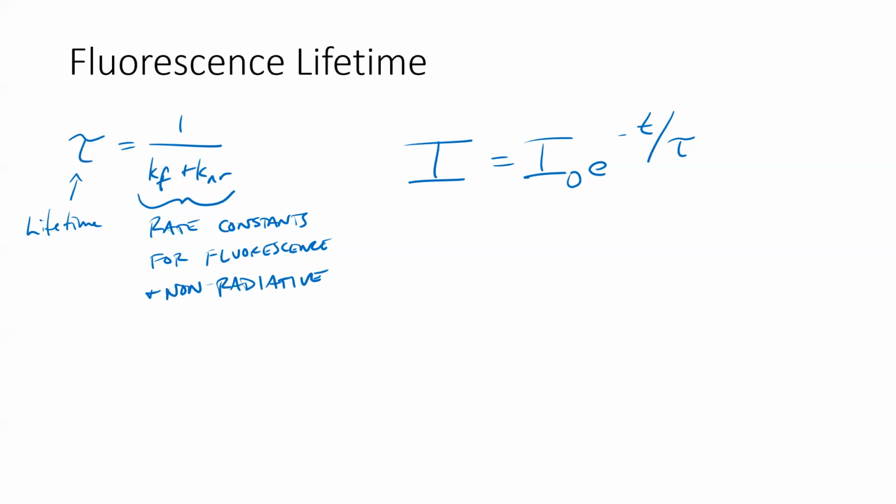The intensity that we measure, I, is equal to the initial intensity times e to the negative t over this lifetime, tau. Right? So I and I naught are intensities, t is time, and again, tau is that lifetime.